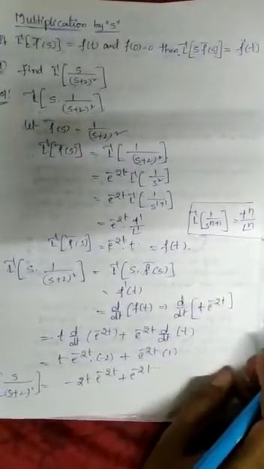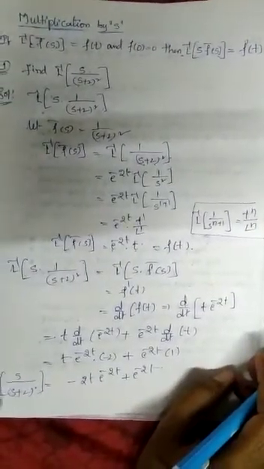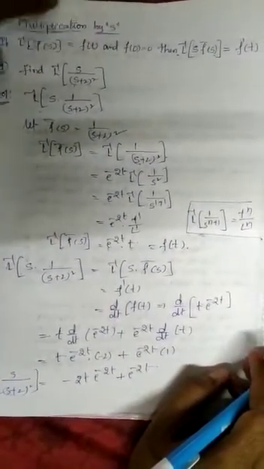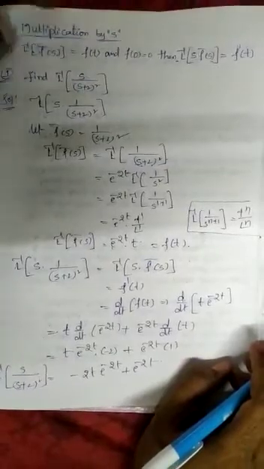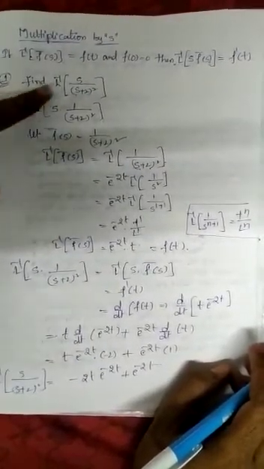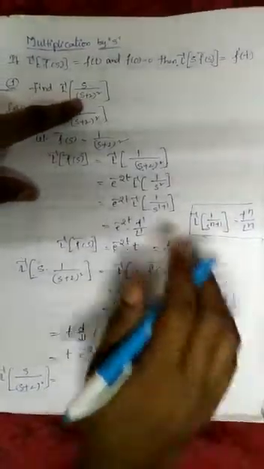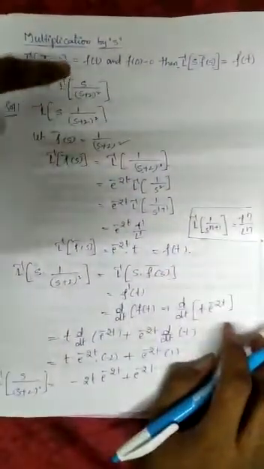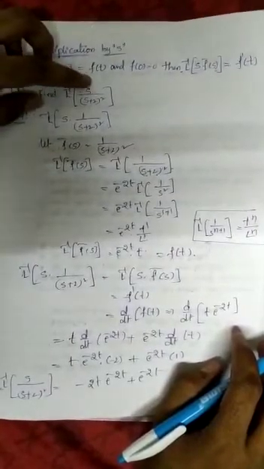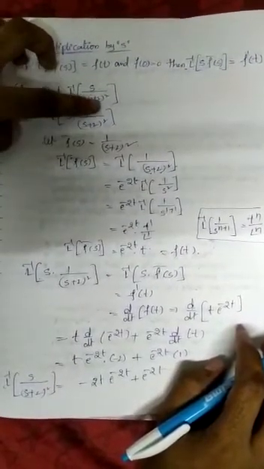That is the procedure to find the Laplace inverse of s by (s plus 2) whole square by using the multiplication by s method. And we can solve this problem by using another method also, by using the first shifting property. How? See here, in the numerator we have s, in the denominator we have s plus 2.